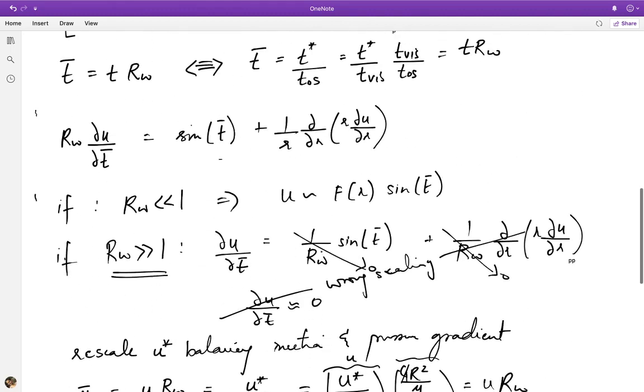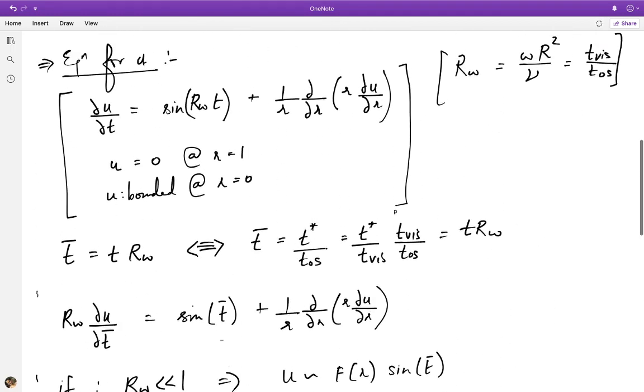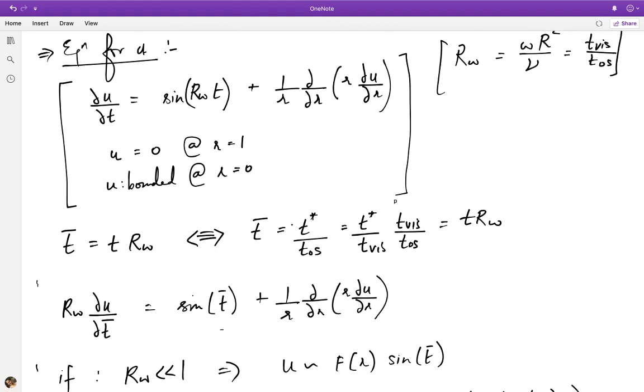Right, so this tells me now that the response of the flow velocity really depends on R omega. If R omega is small, then the fluid response is going to be in phase. If R omega is very large, then the inertial terms balance the pressure gradient and the response is going to be out of phase. And that makes sense physically because inertia represents the lag in the fluid, so to speak, and is the cause for it not being able to exactly follow the driving frequency.